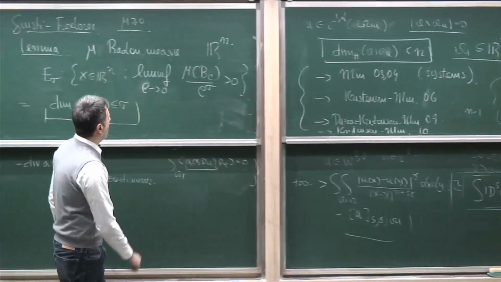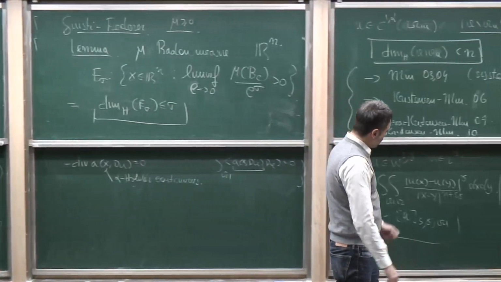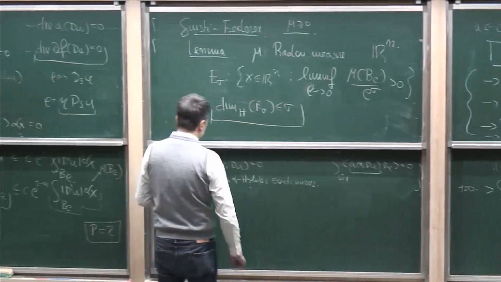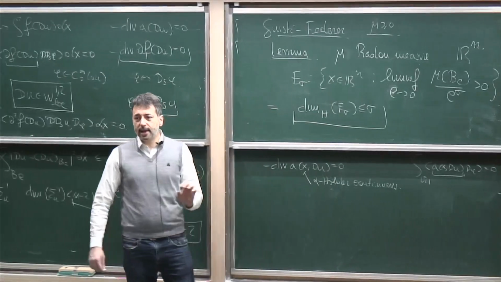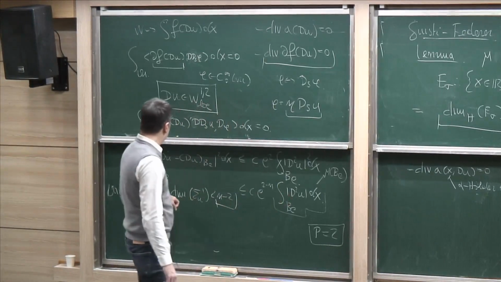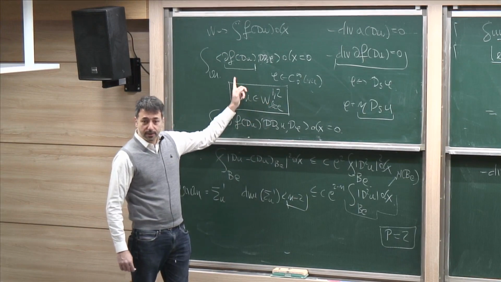and we make the following observation. If you examine carefully the difference quotient method, you can prove that the gradient is in W^{1,2} under these conditions.